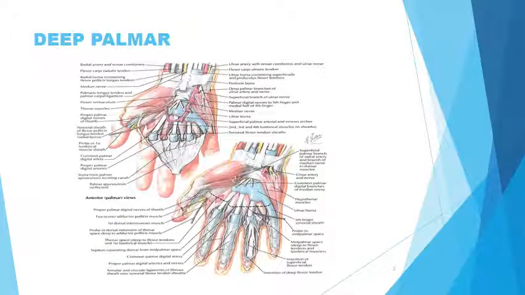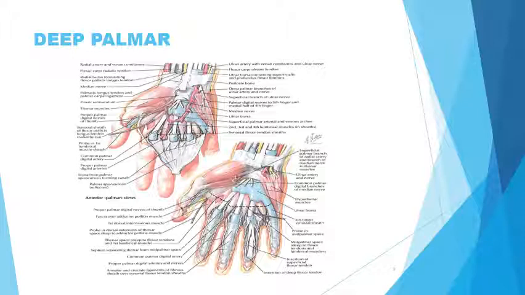When taking off the skin and the superficial fascial layer of the palmar volar part of the hand, you can see that it is jam-packed. There's very, very little room because of all the structures that are contained in the hand.